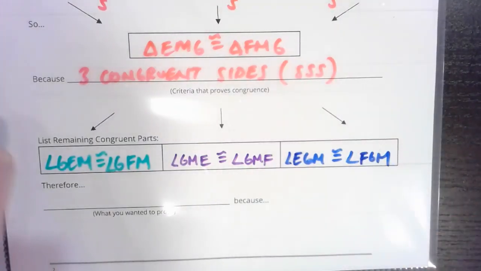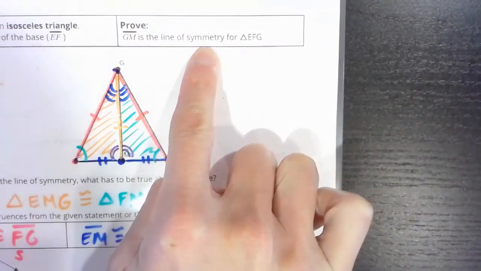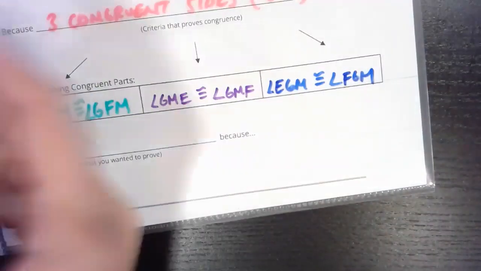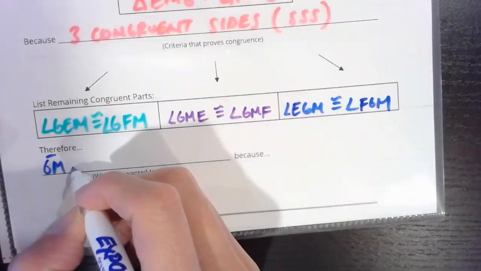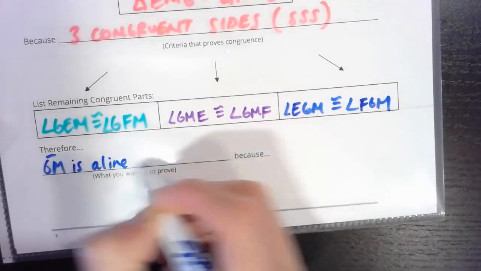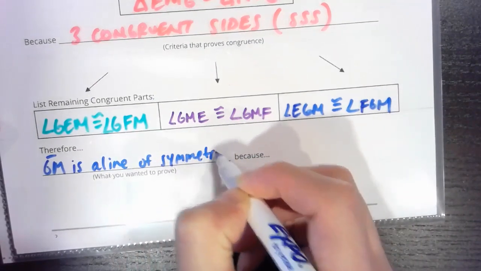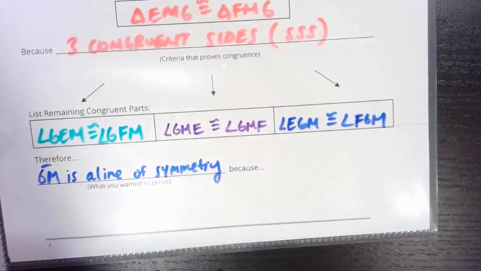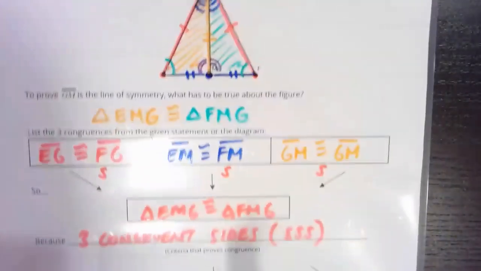Therefore, now, concluding statement. What was it that I wanted to prove? I wanted to prove that GM is the line of symmetry. This is what I wanted to prove. So I can rewrite that down here. Therefore, GM is a line of symmetry because, now the because statement, I've actually already written that out here.